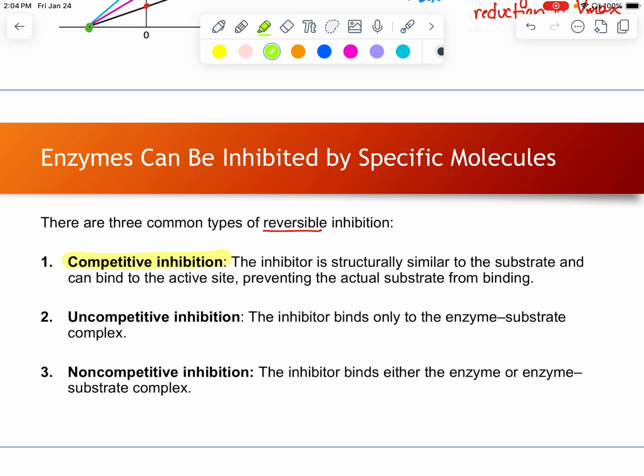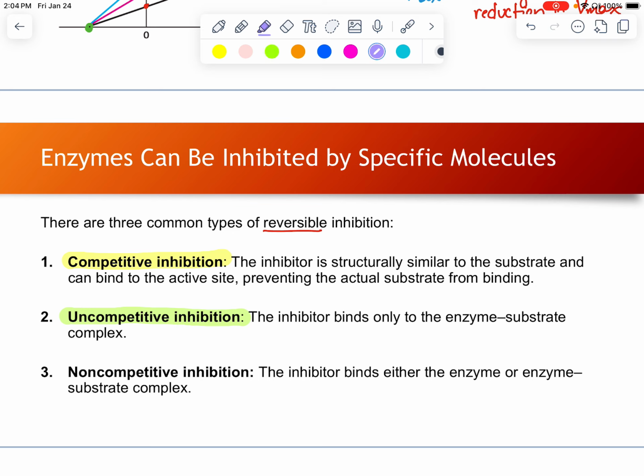All right, we can also talk about uncompetitive inhibition. Now we're talking about the inhibitor binding to the enzyme substrate complex. The enzyme and substrate are already bound, and so the inhibitor must bond at a different site. So 2 different bonding sites, one for the inhibitor, one for the substrate.